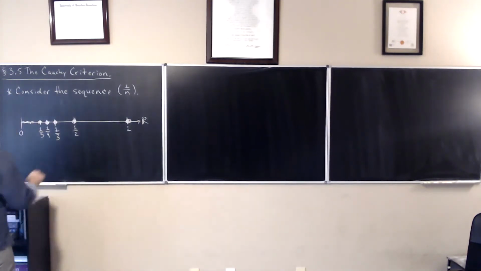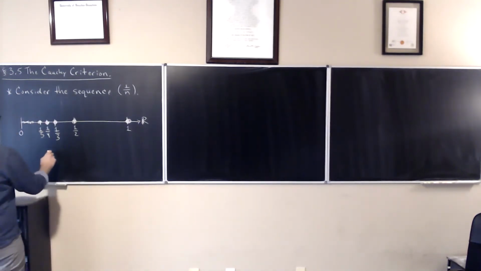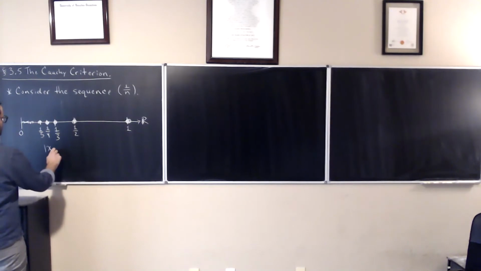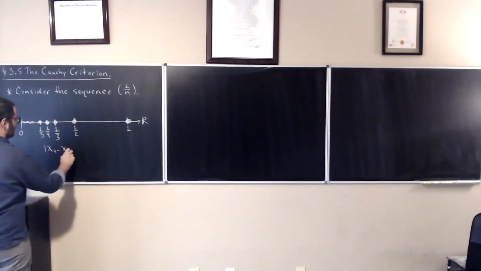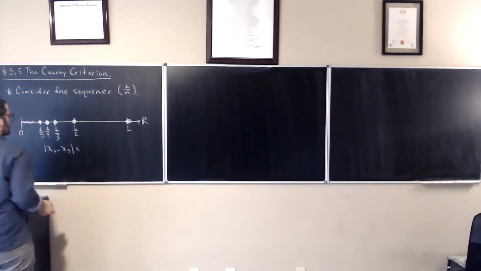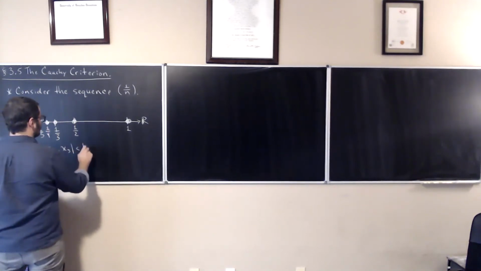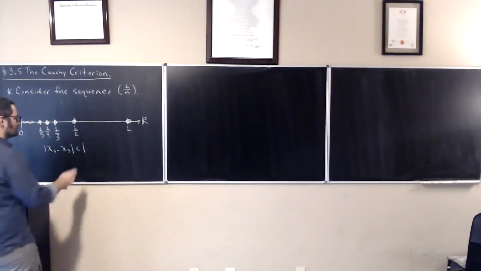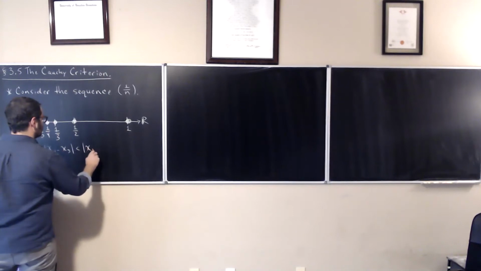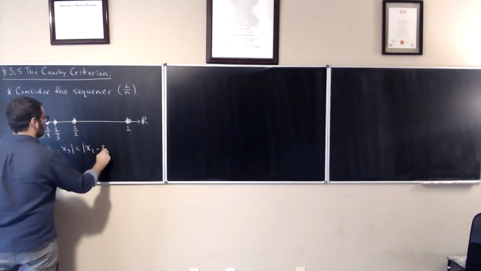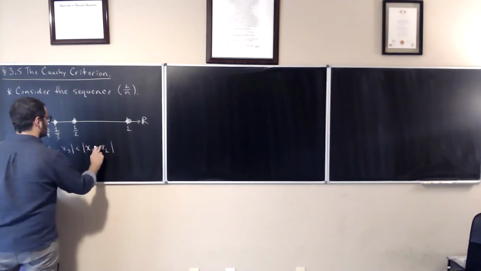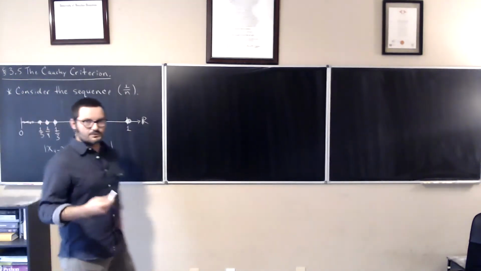But I want you to notice something about the terms of this sequence. Notice that, for example, the distance from the 4th term, so 1/4, and the 3rd term, looks smaller than the distance between the 2nd term and the 1st term. Isn't that true?